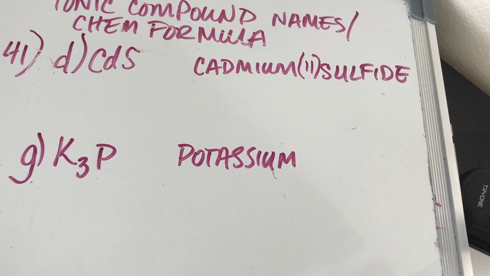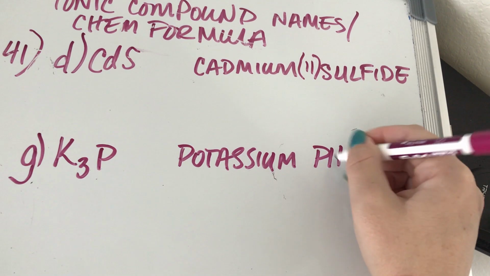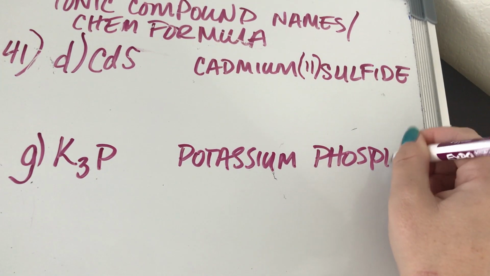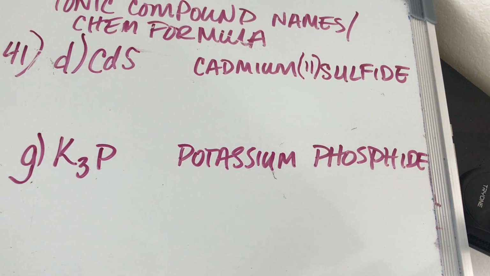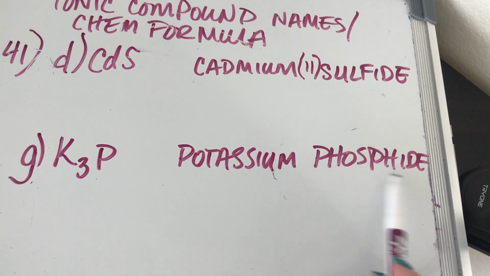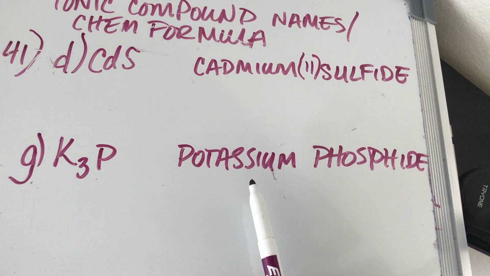It's phosphide, right? Yep. Is that it? Because phosphide is negative 3, because it's an ion, it's an anion.